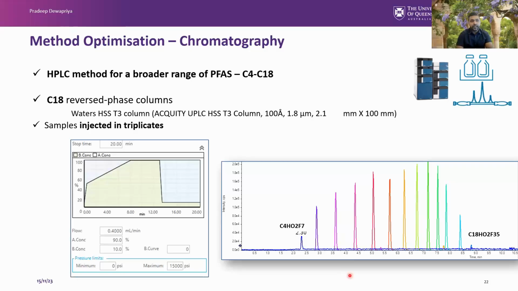And using this column and chromatographic condition, we managed to optimize a method that can separate a broader range of PFAS. To improve our data acquisition and data processing capabilities, we injected all the samples in triplicate.